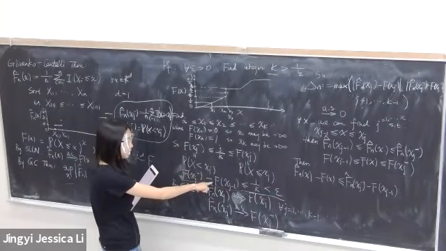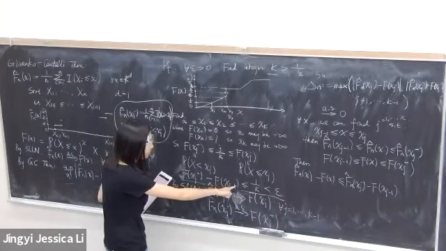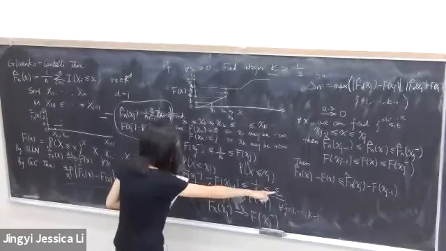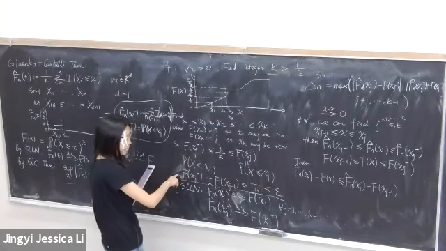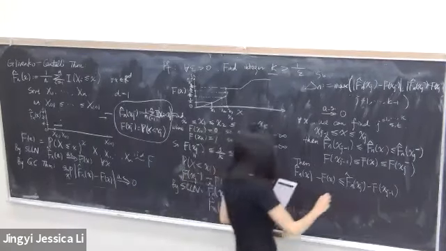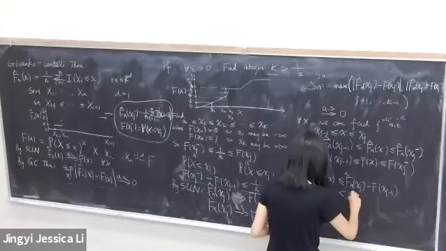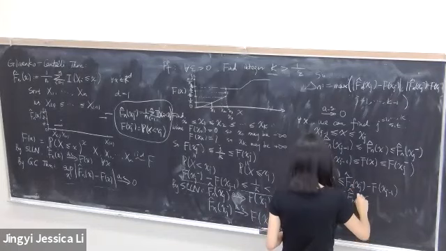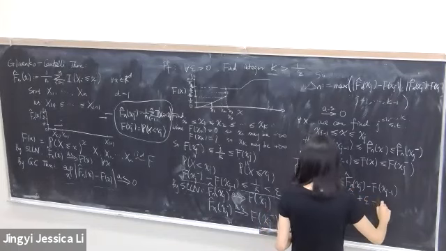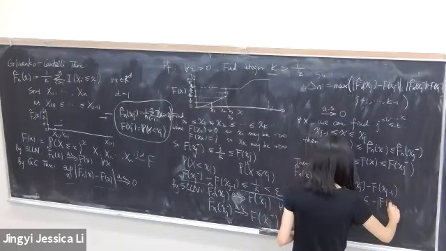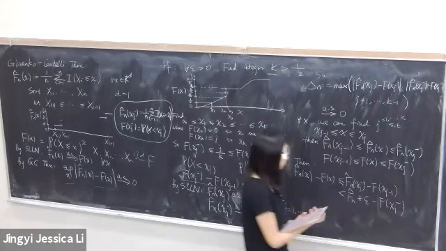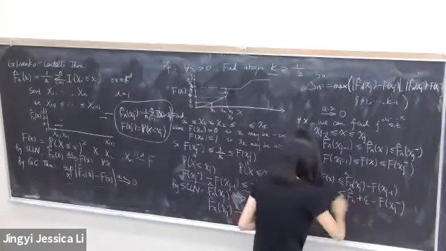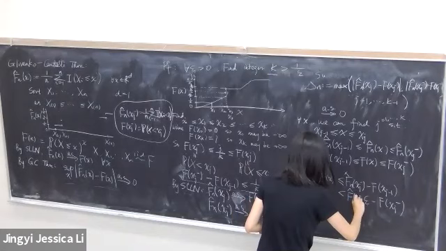By this, I would have negative F(x_{j minus 1}) less than epsilon minus F(xj minus). So this is less than or equal to epsilon minus F(xj minus). Oops, I missed this: xj minus.